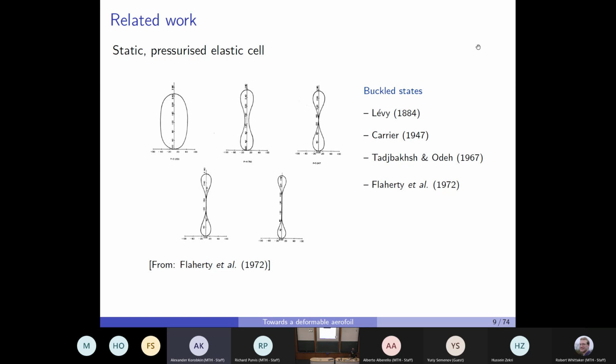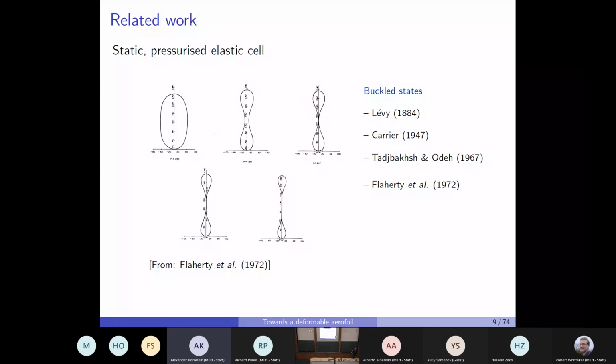So this cell starts out as a circle, and then the pressure differential between outside and inside is increased. And as it's increased, the thing starts to buckle right along the bottom. So it buckles into what we might call a mode 2 shape here. And then if you keep driving up the pressure difference, eventually something similar will happen to what happened with that bubble a minute ago, and a point of contact will be established.